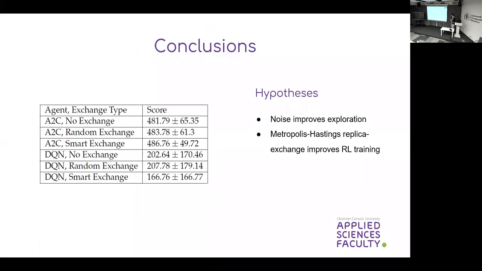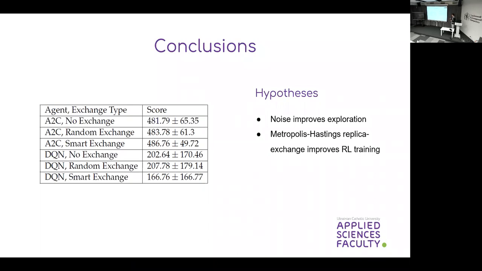And going to conclusions, just to reiterate on the hypothesis that noise improves exploration, we had some trend with A2C. We saw that after a big period of time, after 2,000 iterations, the exploration started to improve with higher noise.